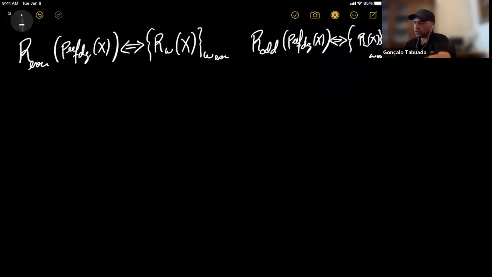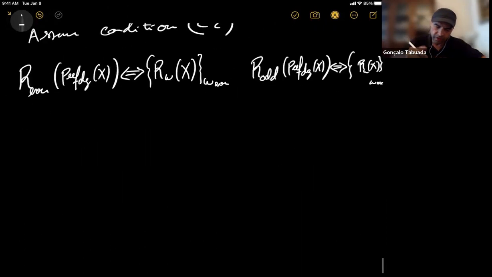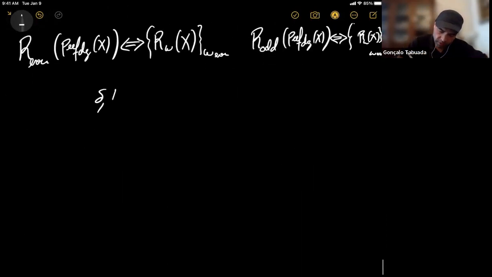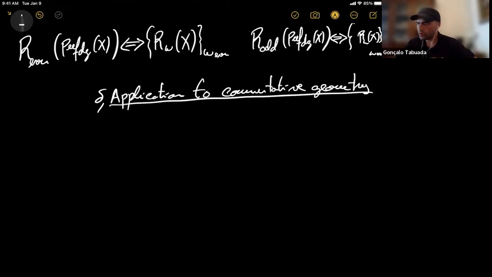So another topic of my talk is to go towards applications of this non-commutative viewpoint on the Riemann hypothesis. So let me give applications to commutative geometry, so to classical algebraic geometry. In commutative geometry, we are working over a global field.